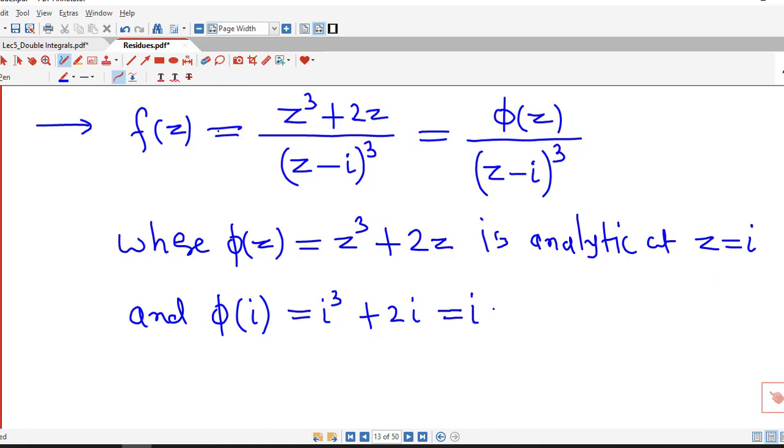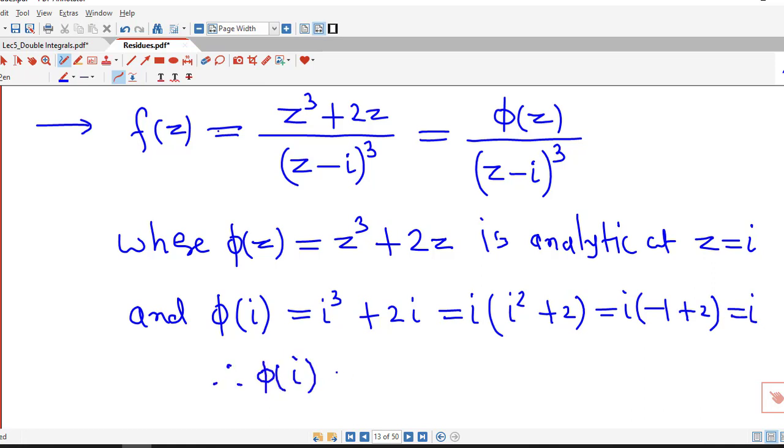So this we can rewrite as i times (i square plus 2). We take i common, so this is i times (i square is minus 1, plus 2), so it is i. Therefore phi of i is non-zero.